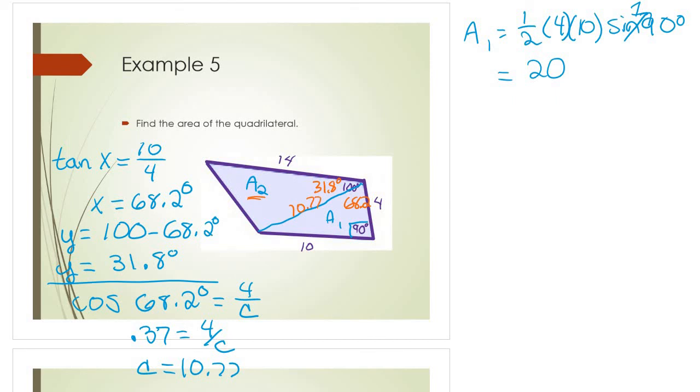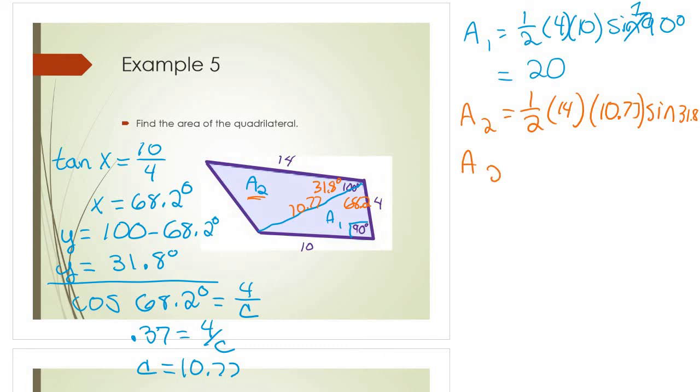All right, so now we have two sides, the 14 and the 10.77, and the angle in between them. So I can find area 2. 1/2 times 14 times 10.77 times sine of 31.8.